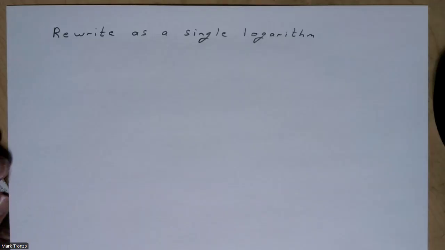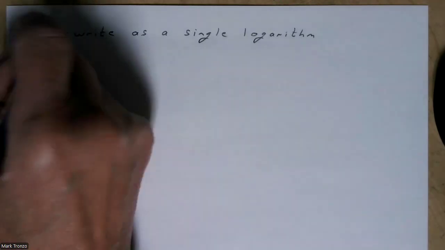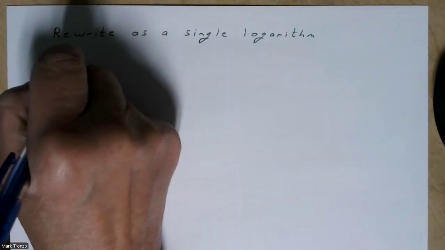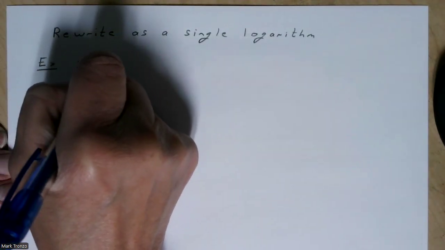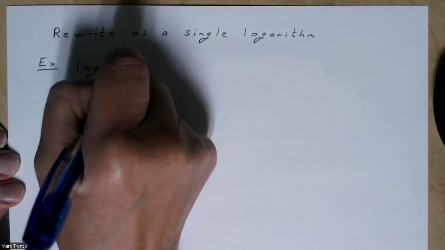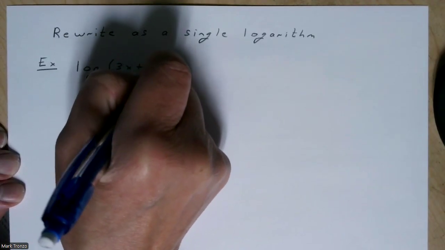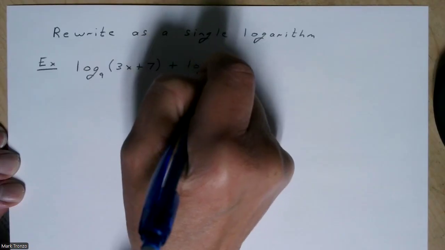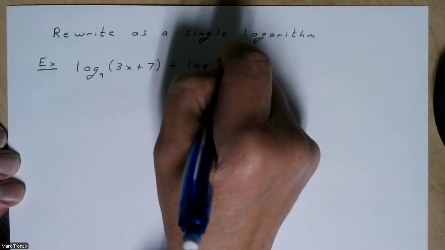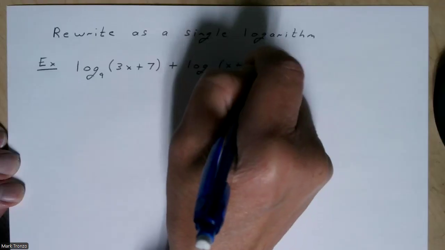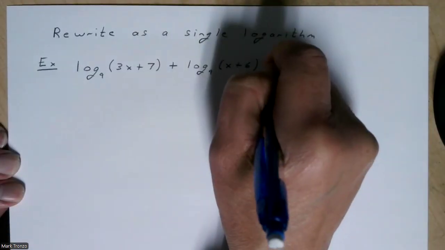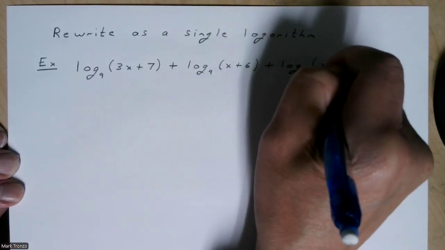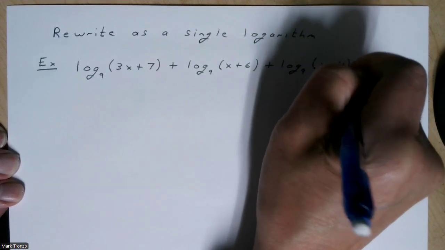Now let's look at some more examples. Let's say we're given a problem like this. We have log to the base 9 of 3x plus 7, plus log to the base 9 of x plus 6, plus log to the base 9 of x minus 4.